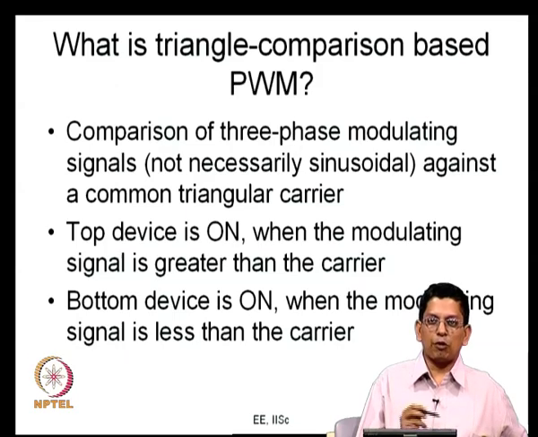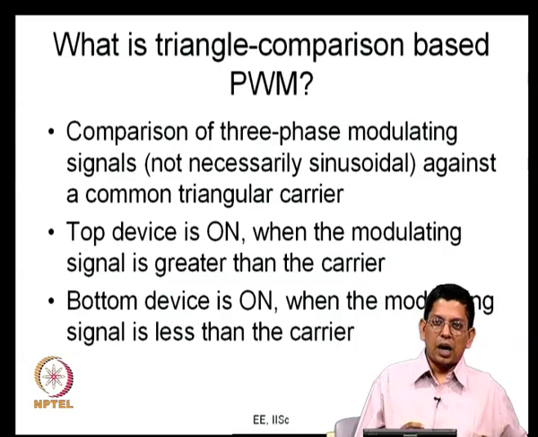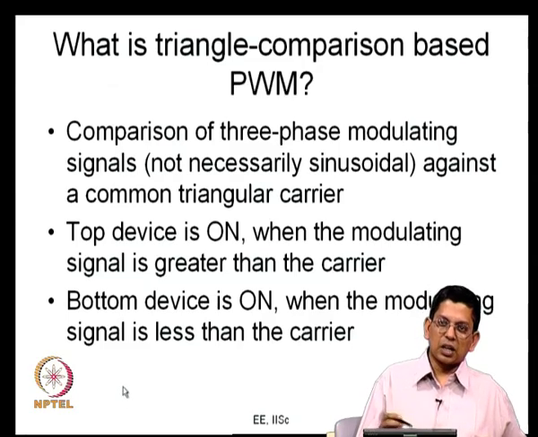In the next class, we will go about defining what is called a space vector, and then we will define space vector transformation. That is how you can transform 3-phase voltages into a voltage space vector, and based on the space vector idea we will develop modulation methods. There are 2 possible approaches commonly used for PWM generation.